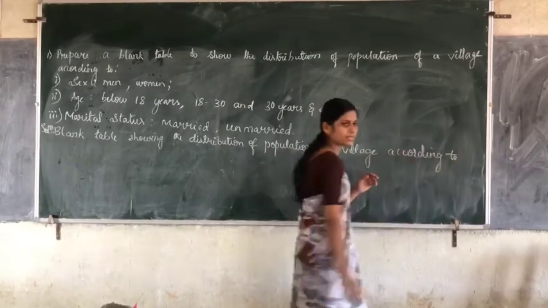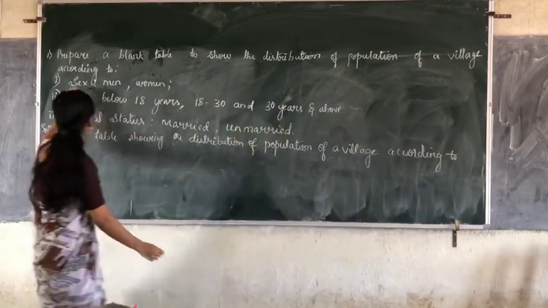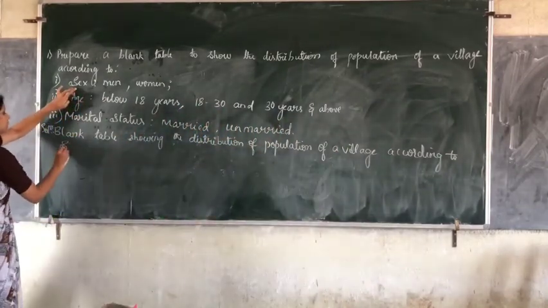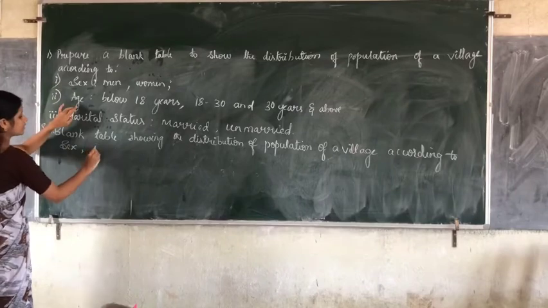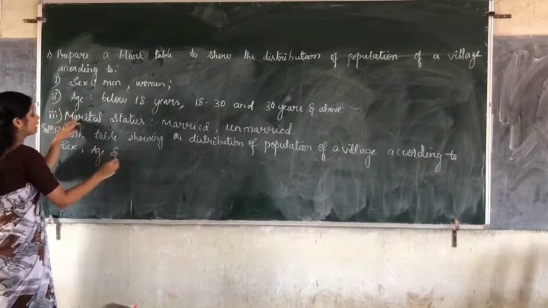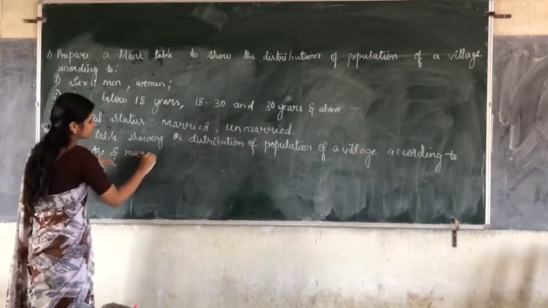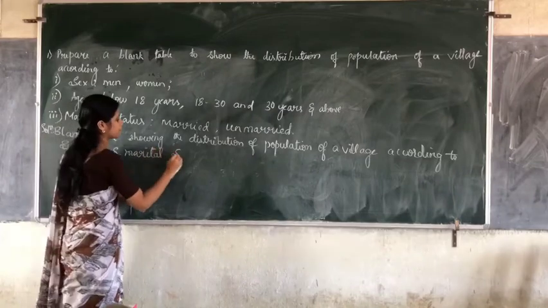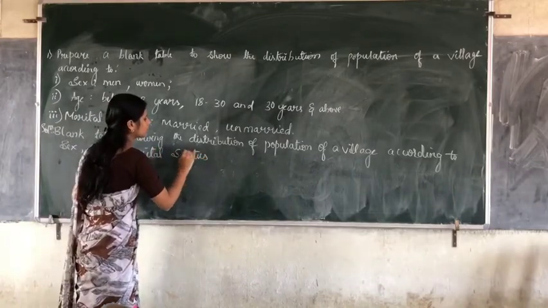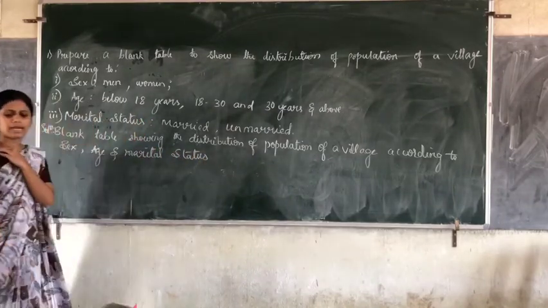According to three characteristics. First characteristic is sex, so write it sex. Next characteristic is age, and third one is marital status. So these are the three characteristics that you are going to present in a blank table.